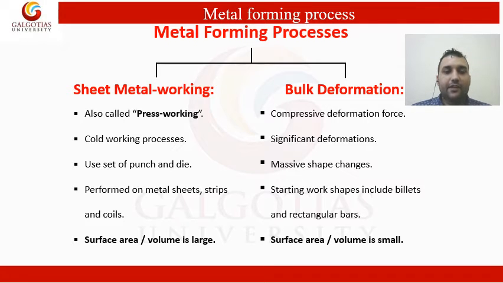In sheet metal working, a set of punch and dies is used. The surface area to volume ratio is large, but in the bulk deformation case, it is small.